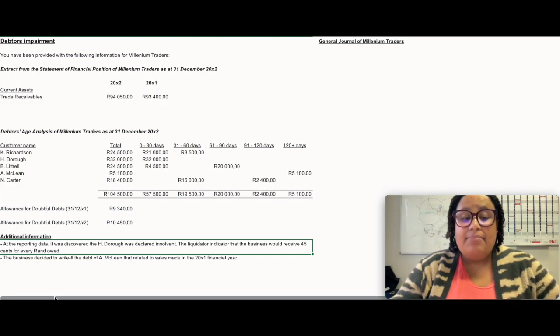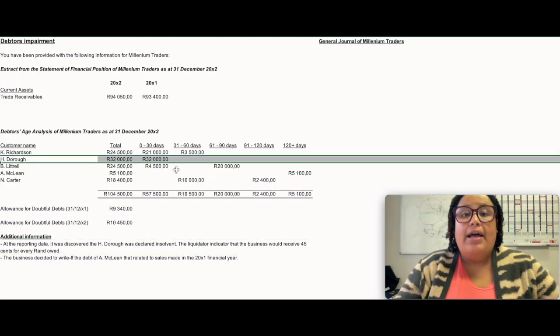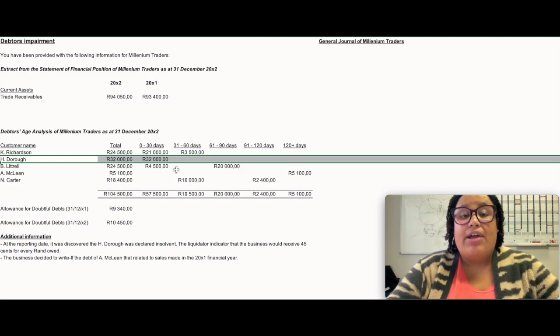That means that the debt that H2O has incurred is going to partially have to be written off, because the collectability of the full 100% of the debt, the 32,000, is no longer probable. We are only going to be getting 45 cents for every rand, so about 45% of that debt.